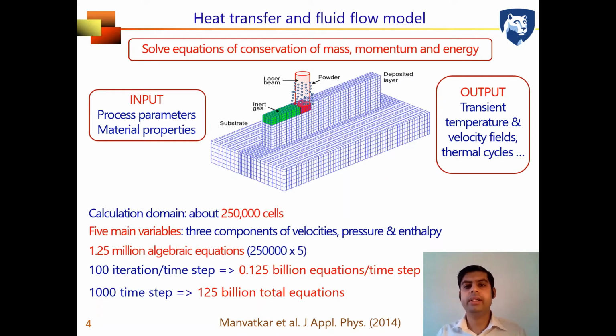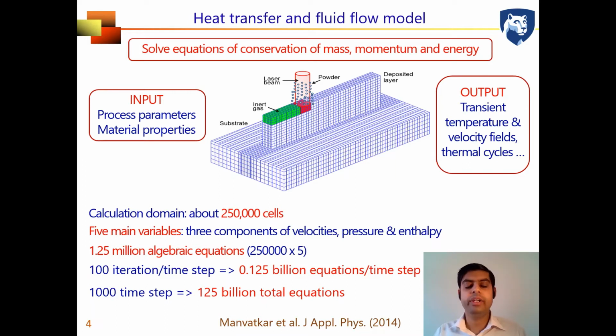So for a typical solution domain, we have around 250,000 such cells like cubes or parallelepipeds, and we solve five main variables, three components of velocities and pressure to know the velocity distribution, and the enthalpy from which we calculate the temperature field. And that means for the entire solution domain, we solve about 1.25 million algebraic equations.